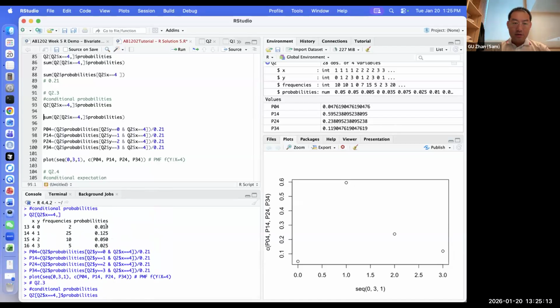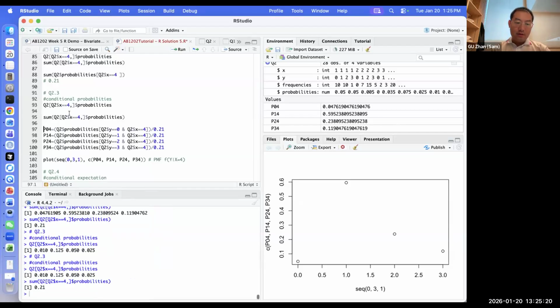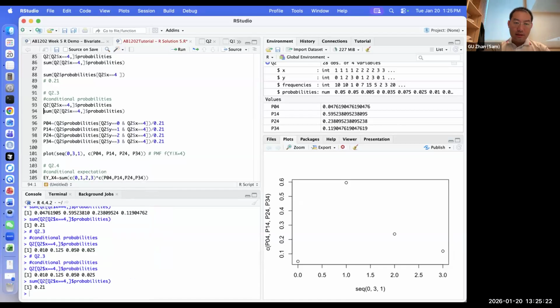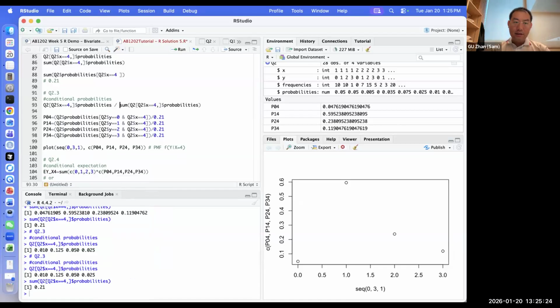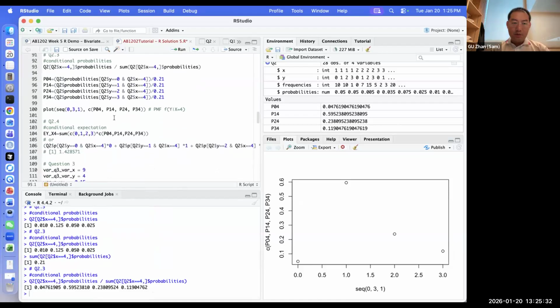So you use each of the probabilities divided by 0.21. Then it's easier, just divide it. So we are going to get 4 probabilities, which should be equivalent to these 4. So just show it.